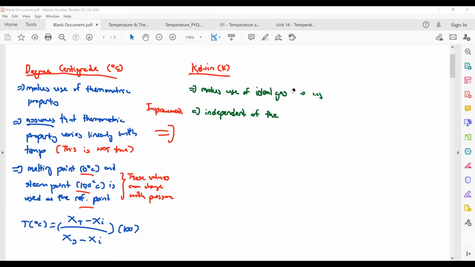Maybe I should just write this now. It makes use of ideal gas law, which is independent of thermometric properties.